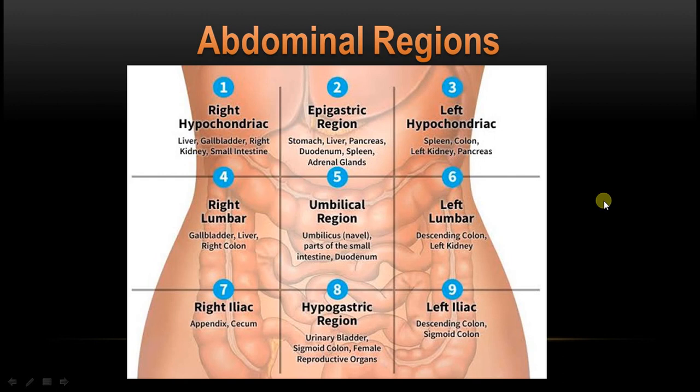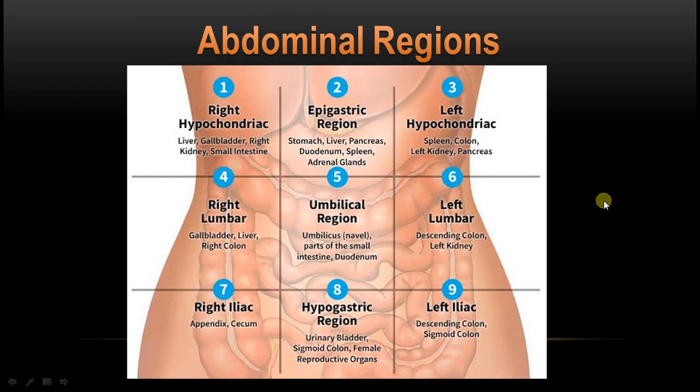In the lower part, in the midline, you have the hypogastric region. Epi means above the gaster or stomach; hypogastric is below, and on either side you have the right and left iliac regions. So these are the 9 regions of the abdomen.